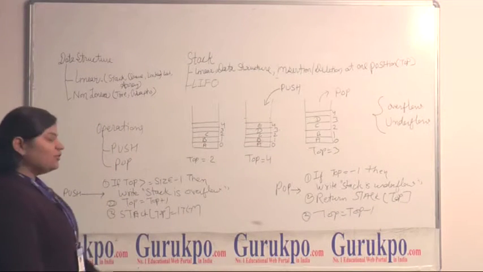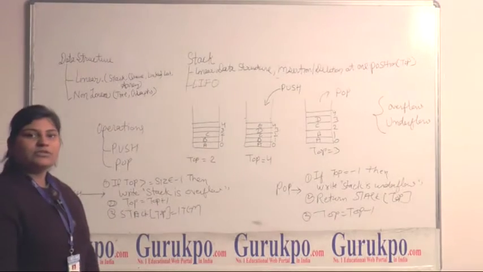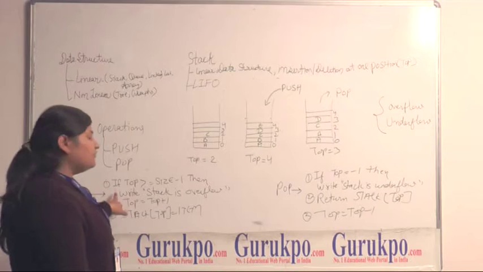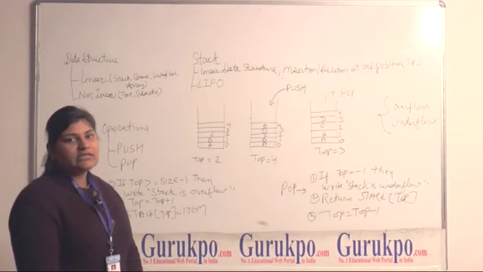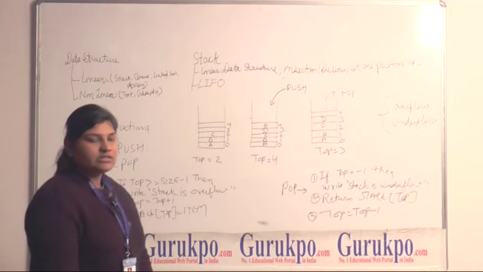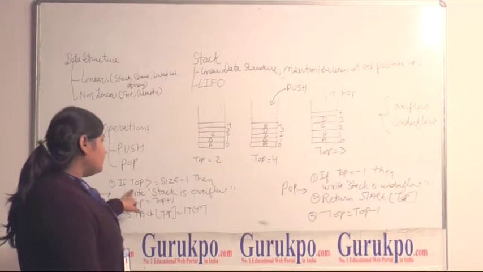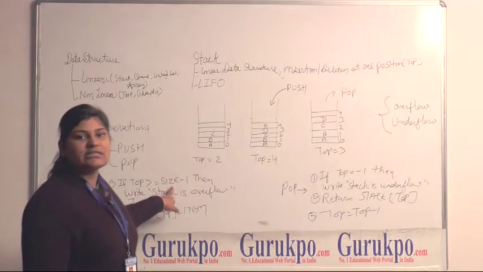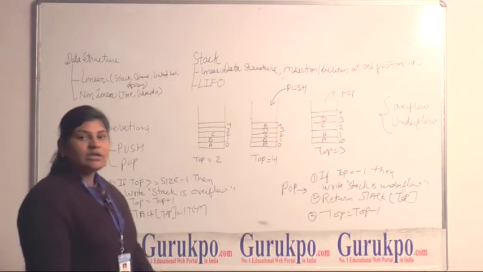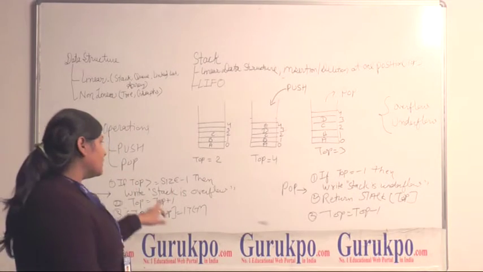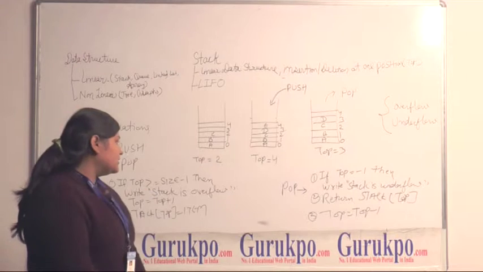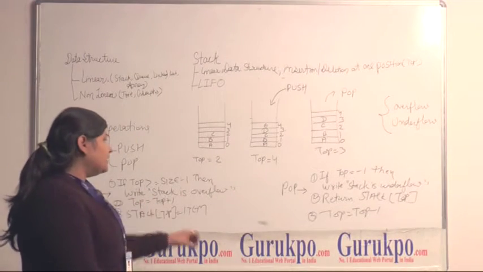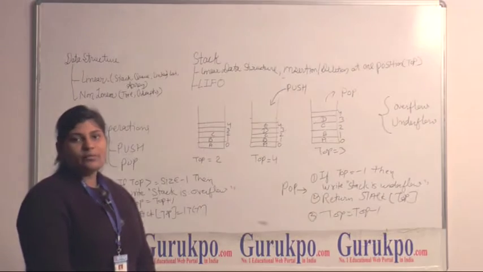Now we can see the algorithm for push and pop. First of all we will talk about the push operation. Here we check whether the stack is full or not. If top is greater than or equal to size minus 1, where size is the size of the stack, then it prints the message stack overflow.